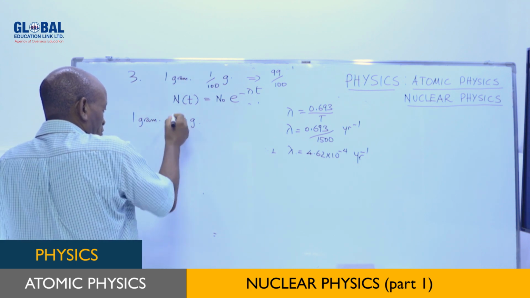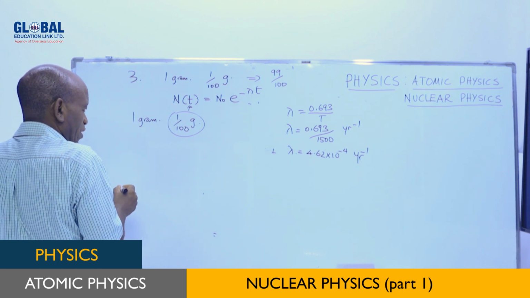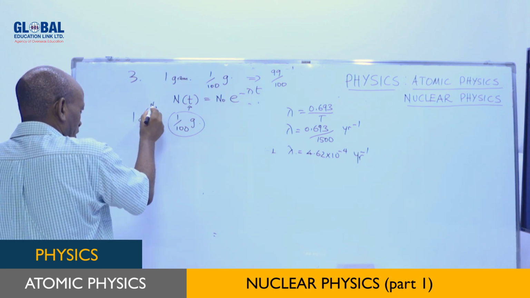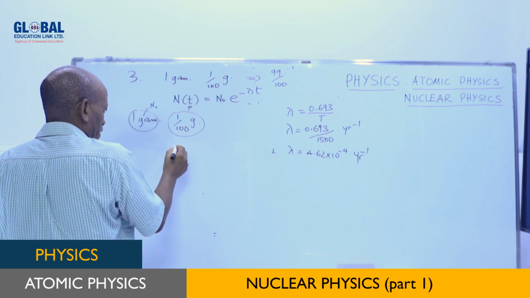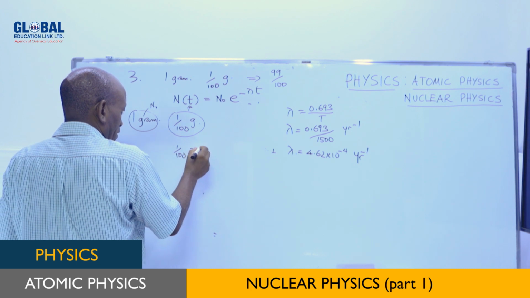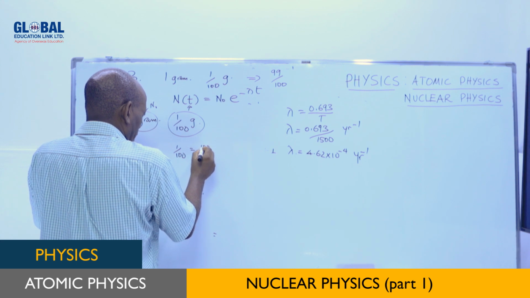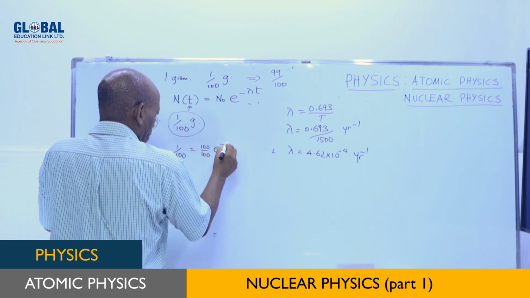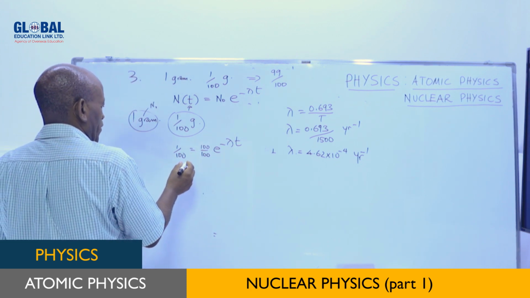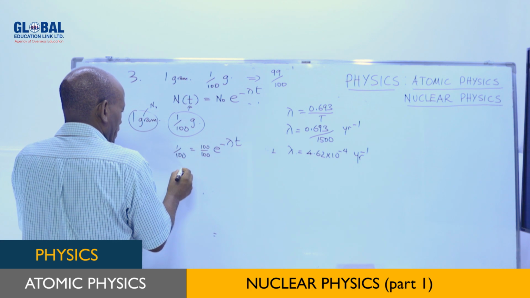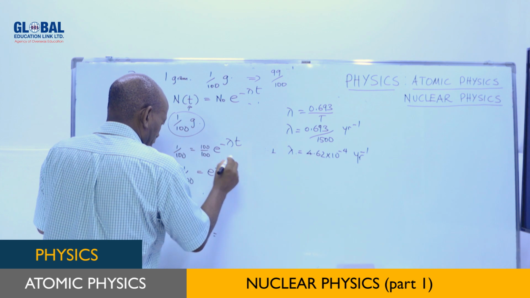And therefore this will be equal to the sample at time t, while the original sample is 1 gram, which is N naught. So we can write 1 over 100 equal to 100 over 100, or 1 gram, times e power minus lambda t. And therefore if I take this over this, it's just like 1 over 100 equal to e power minus lambda t.